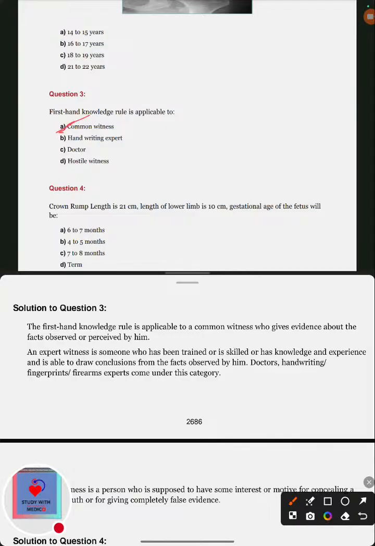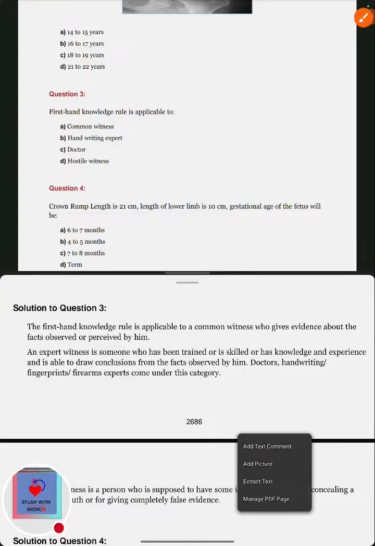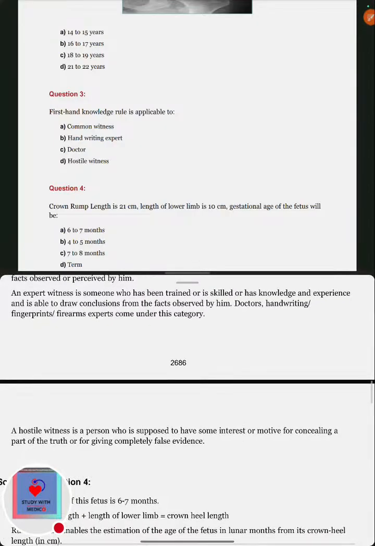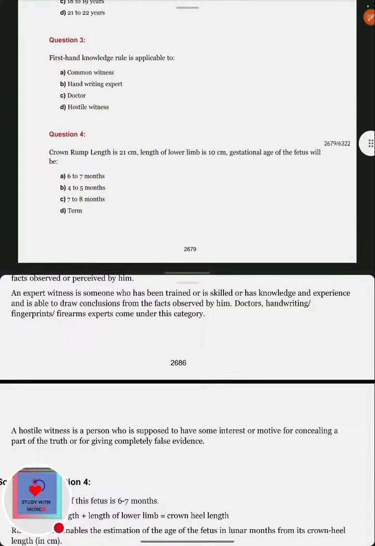Expert witness is someone who has been trained or is skilled or has knowledge or experience and is able to draw conclusions from the facts observed by him. Doctors, handwriting, fingerprints, firearms experts come under this category.